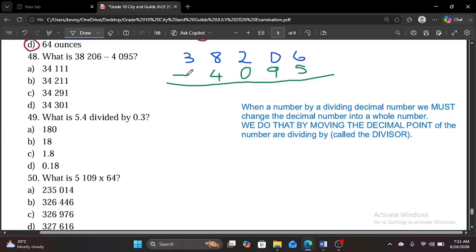We know that we have to subtract the smaller number from the bigger number. The reason why I have the space like that is so it's easier to do your working out. All right, so 5 from 6, you're going to be left with 1.